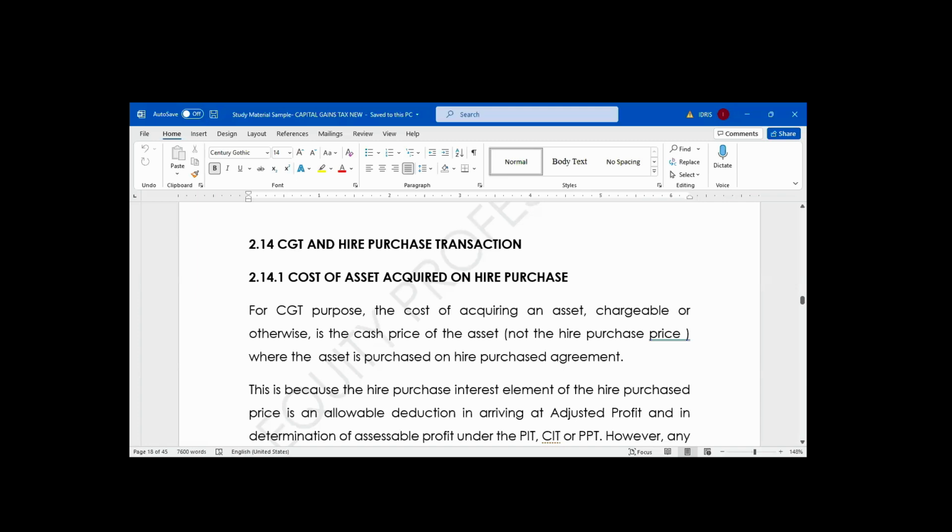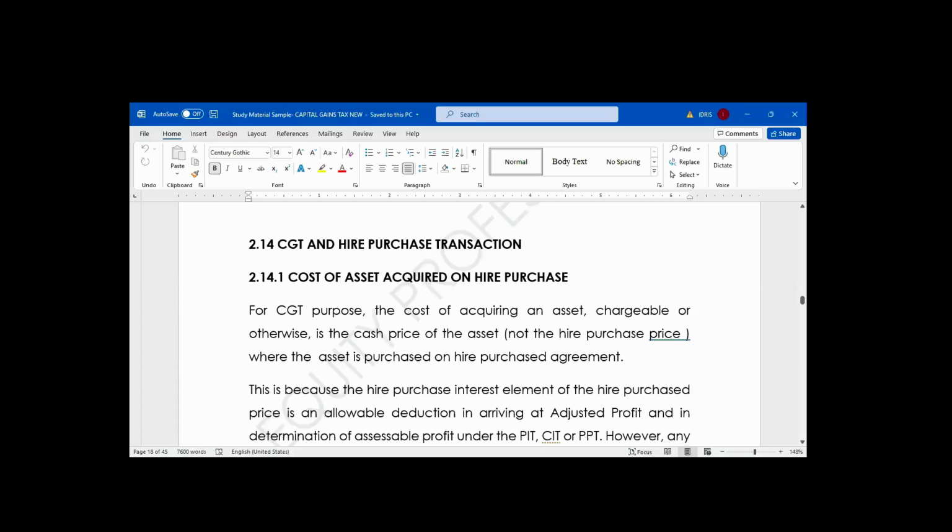So when you acquire an asset on hire purchase, maybe after you finish paying the installments, you dispose the asset, it is the cash price you recognize as part of the cost of acquisition.